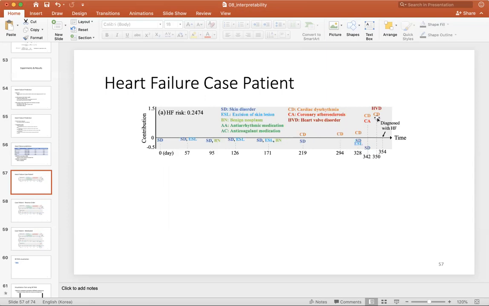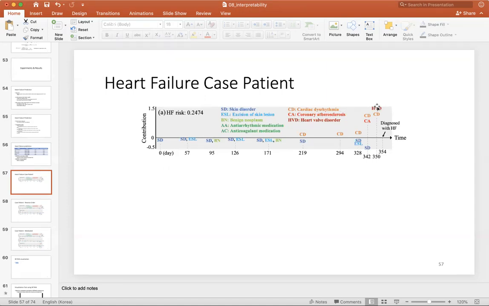And with a similar pattern, as time progresses, the patient starts to develop heart-related conditions like CD, dysrhythmia, CA, HVD, valve disorder.